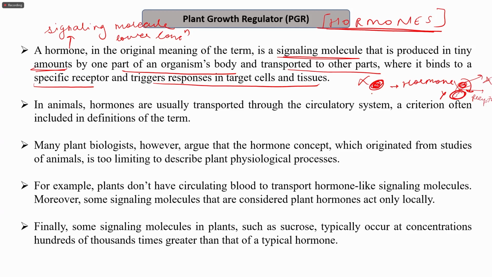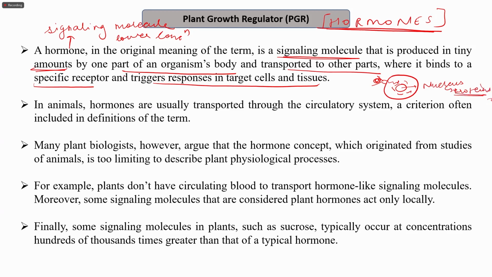If I draw it like this, suppose this is the cell, it has the receptor for the hormone X. The receptor will induce signals, the nucleus will get that signal, and will start forming the proteins accordingly.